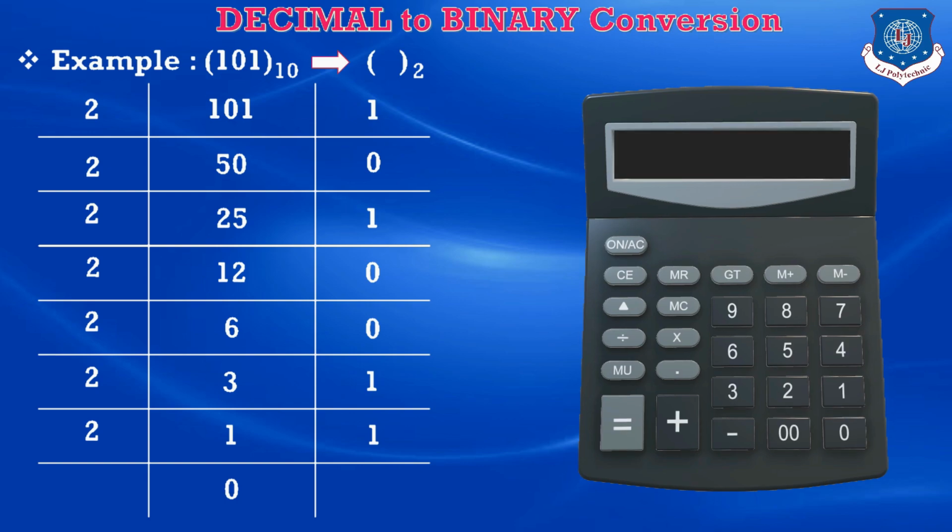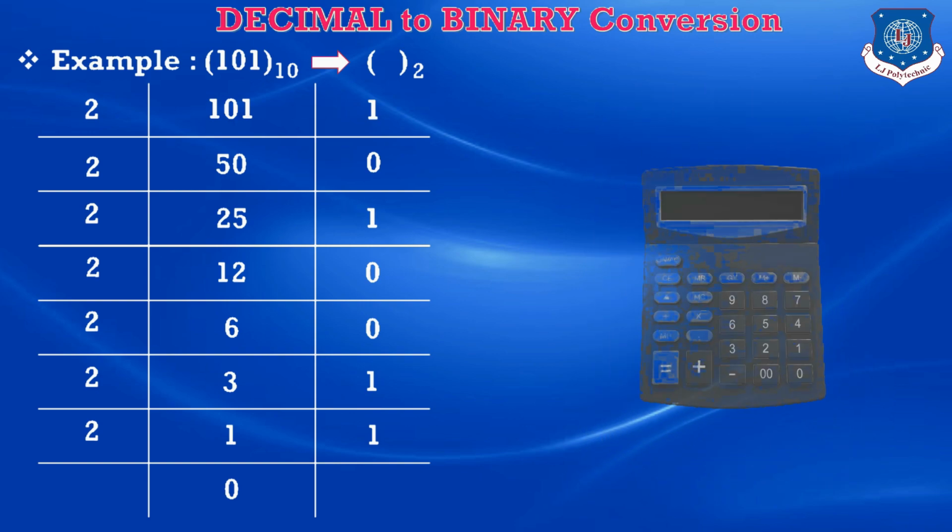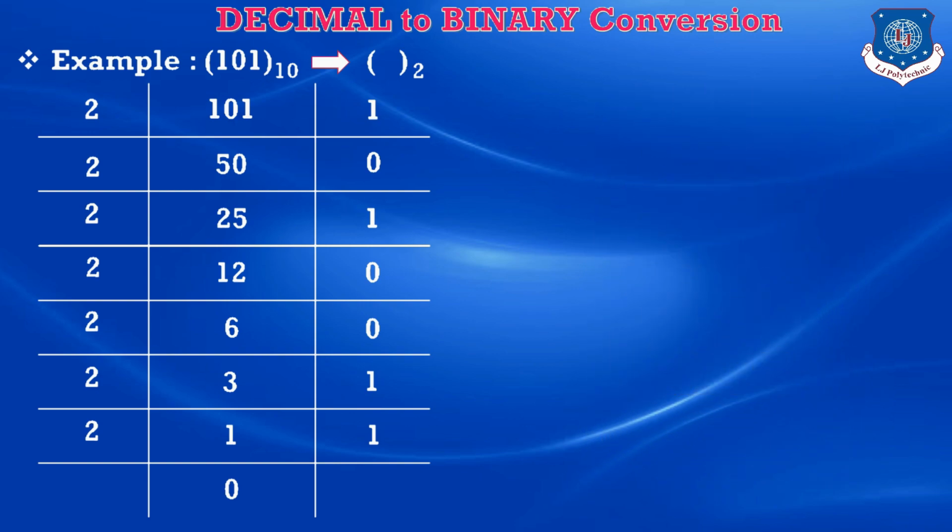Now we remove this calculator and make our answer. See here, LSB and MSB. In previous lectures we discussed LSB and MSB. Here MSB is the most significant bit and LSB is the least significant bit. So we have to write these remainders as our answer in this way, right.